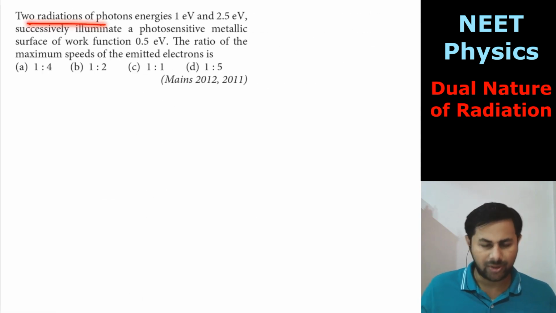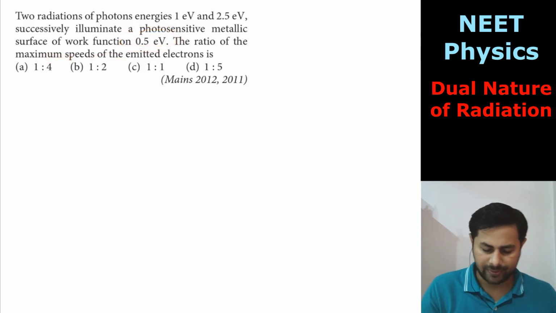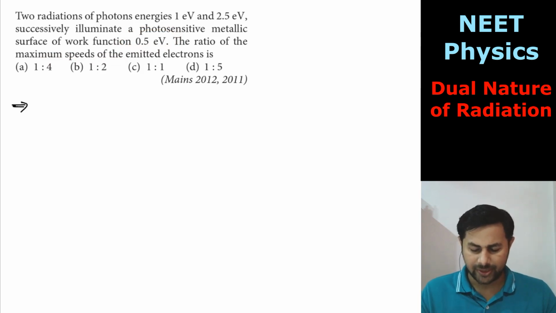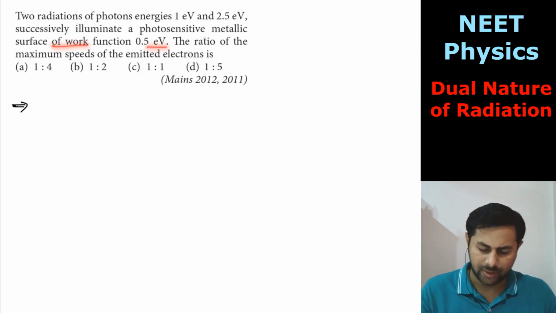Two radiations of photon energies 1 electron volt and 2.5 electron volt successively illuminate a photosensitive metallic surface of work function 0.5 electron volts. The ratio of maximum speeds of emitted electrons is, right?